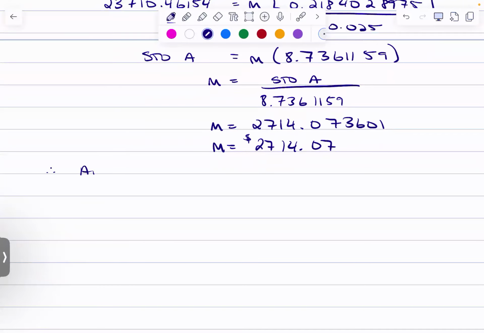Therefore, Aisha will get $2,714.07 every 6 months for the 4 years she's in school.